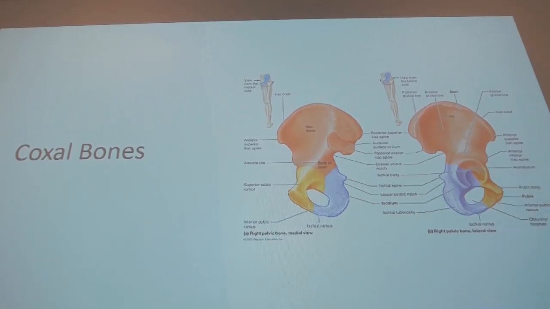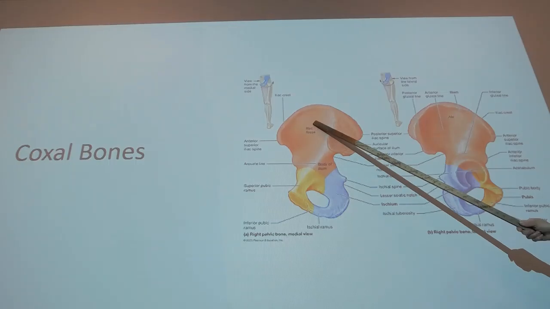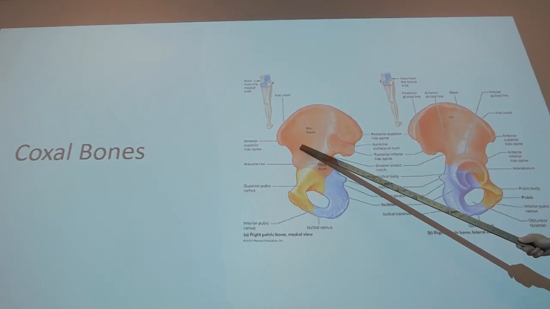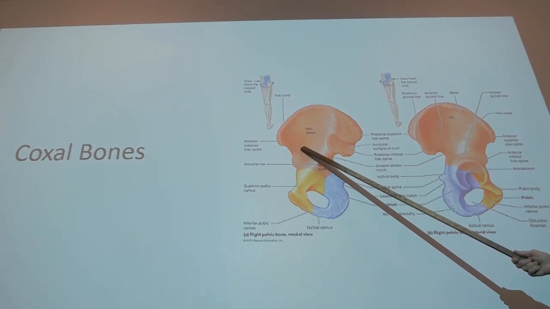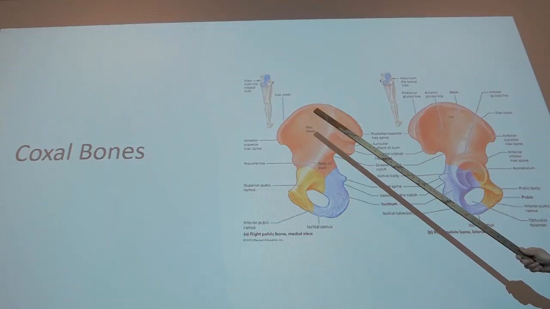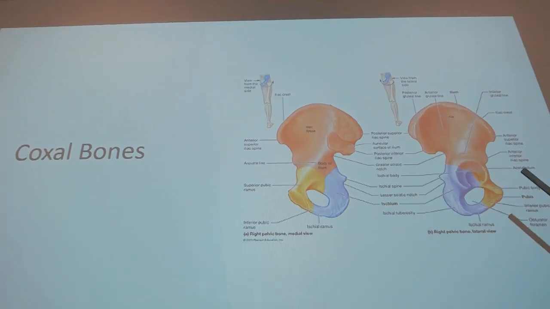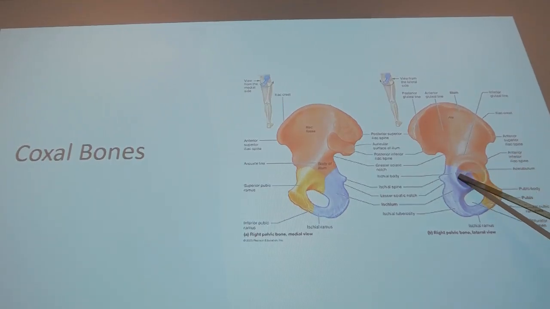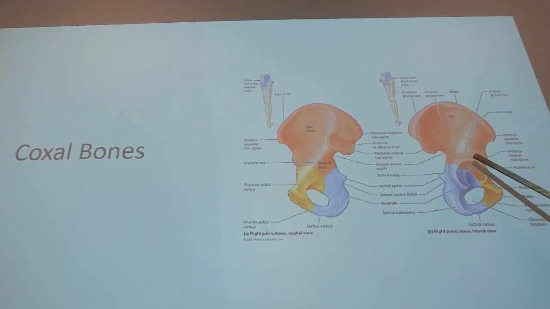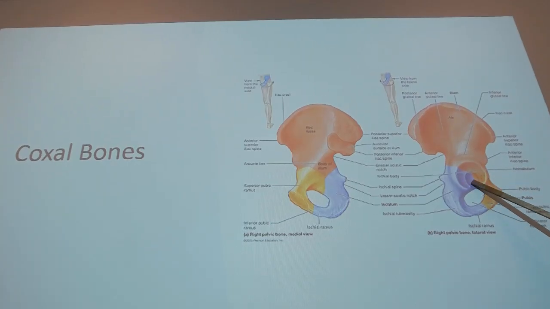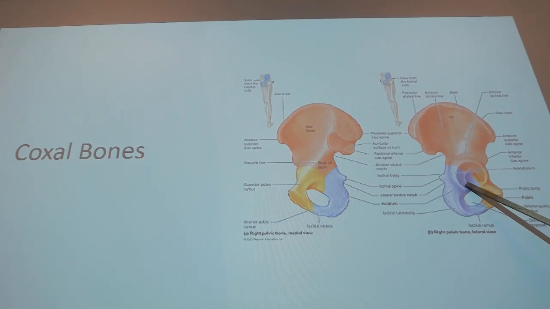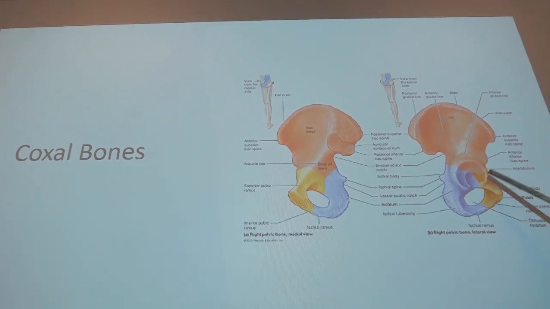And then in this fossa, the iliacus muscle, which is part of a broad muscle that is called the iliopsoas, inserts into here. And now here in this inferior central part of the coxal bone, you can see the acetabulum.